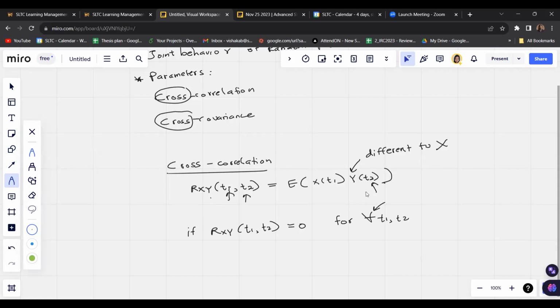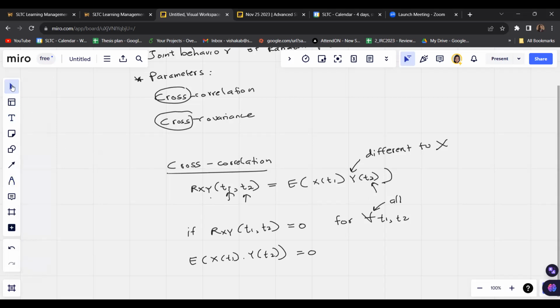This symbol means for all time instances. So for all time instances T1 and T2, if we observe that this cross correlation is equal to 0, that means the product we obtain here, E of X(t1) into Y(t2), is equal to 0, which means that X(t1) and Y(t2) are orthogonal signals, right?